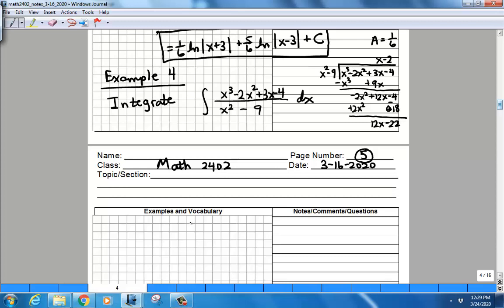So that allows us now to rewrite the problem, right? This antiderivative, the original one, is going to be the same as the antiderivative of x minus 2, my quotient when I did the long division, and then plus 12x minus 22 over x squared minus 9.